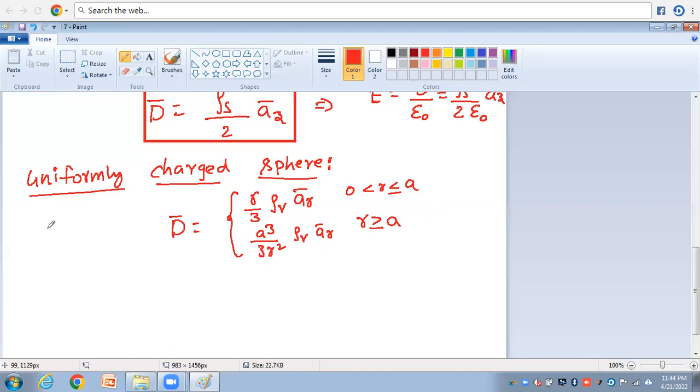If you consider this sphere with respect to r, theta, phi, the same phenomenon is there. I will write two equations for better understanding. Q equals the integral of rho v dv. So this is the volume charge.